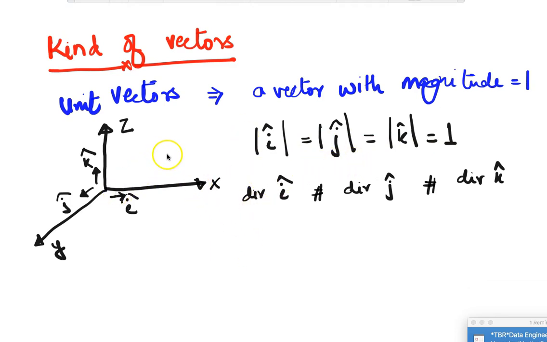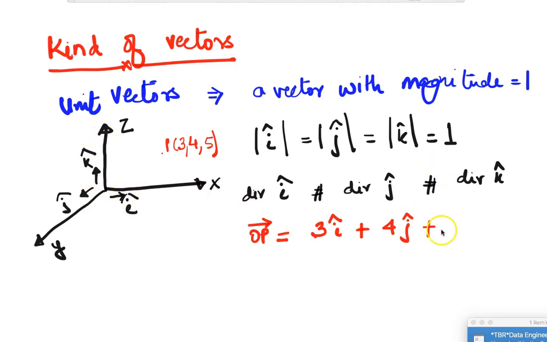So now if you have any vector P, let's take a different pen, which has an X component, Y component, and Z component, we can define OP vector as magnitude in X direction multiplied by i hat, plus magnitude in Y direction multiplied by j hat, plus magnitude in Z direction multiplied by k hat.